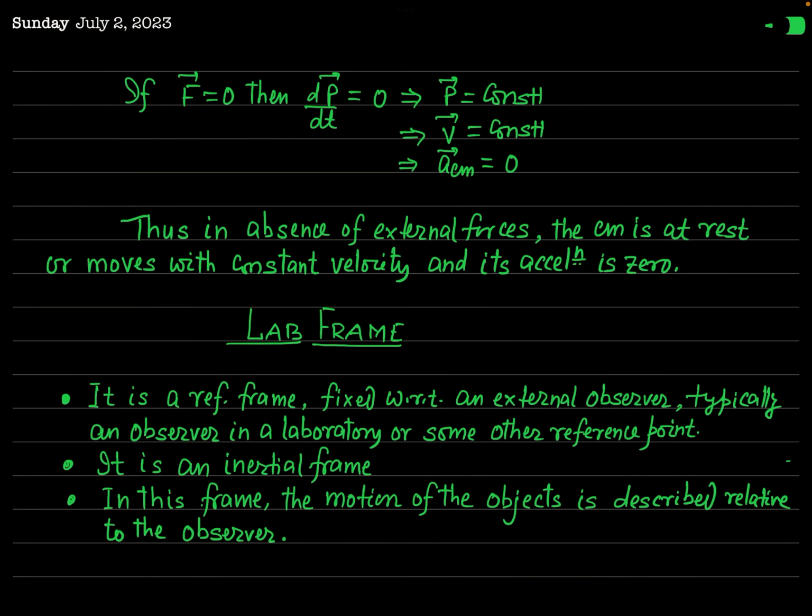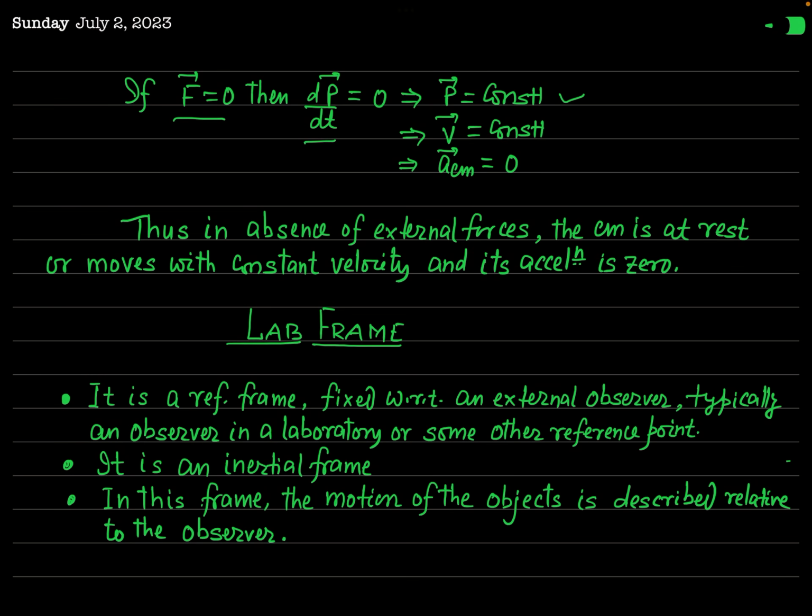Okay, so you can see if F is equal to 0, and you have seen that F is equal to dp by dt, so this dp by dt will be 0, and if dp by dt is 0, you know P will be constant.